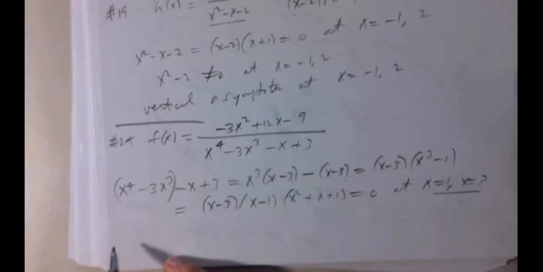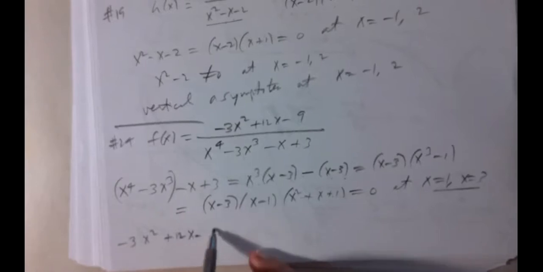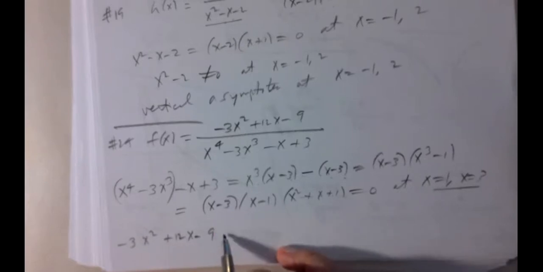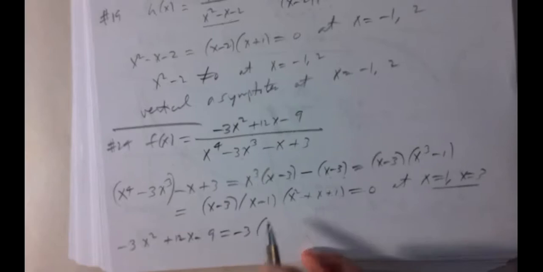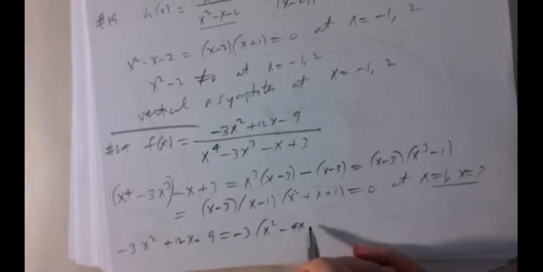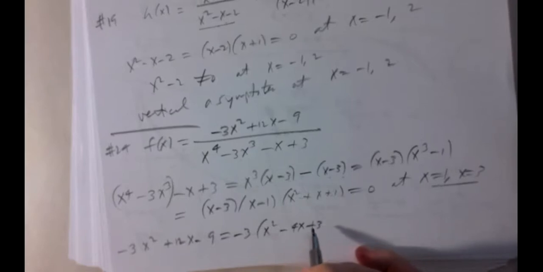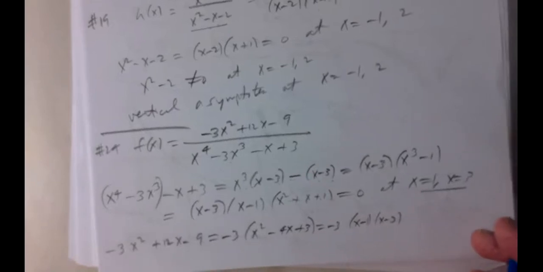Let's just look at the numerator. The numerator is minus 3x squared plus 12x minus 9. I can simplify that by factoring out a minus 3. I get x squared minus 4x plus 3, which actually I think factors into x minus 1, x minus 3. Huh.